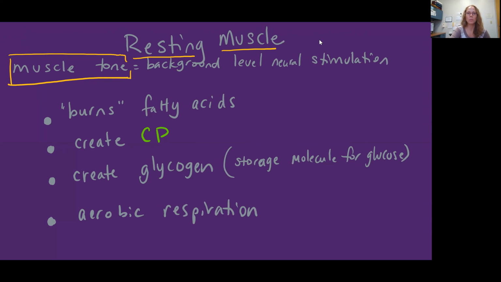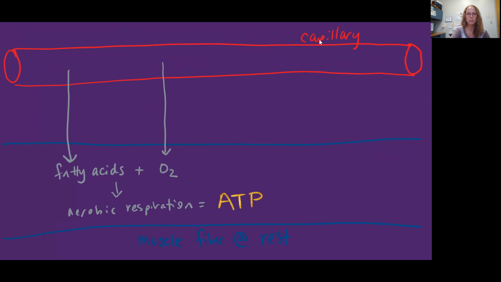And because we are breaking down those fatty acids at the mitochondria, we are doing aerobic respiration. So we're taking oxygen from our blood as well. So taking a look here at our resting level of activity, the skeletal muscle cell is going to take fatty acids and oxygen out of the bloodstream, use that at the mitochondria, so that means aerobic respiration, to make ATP.